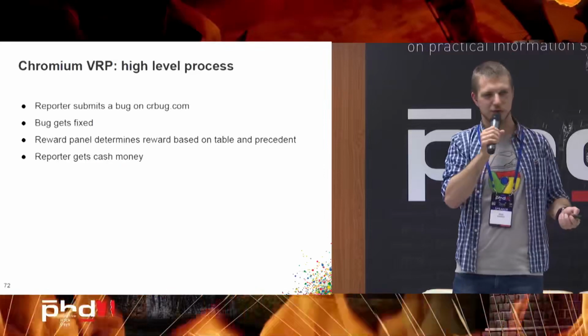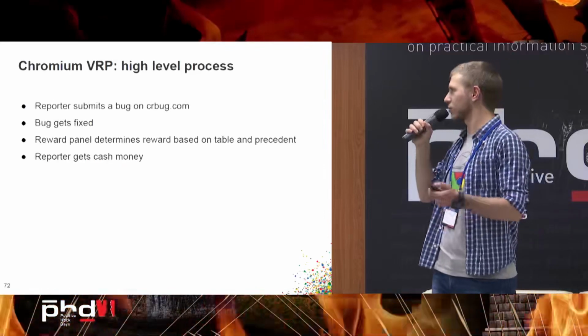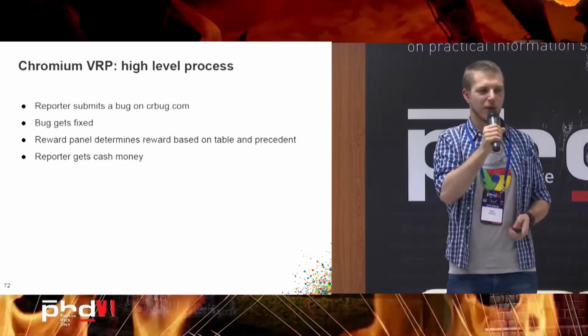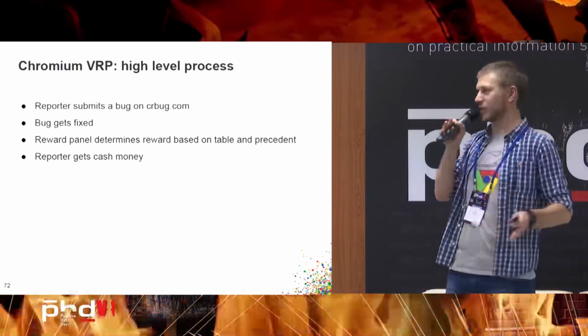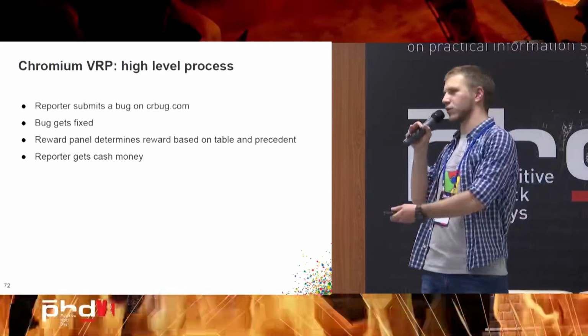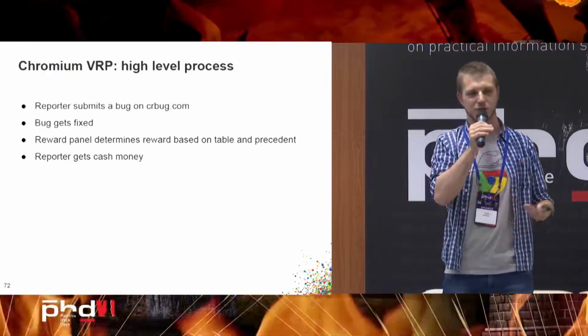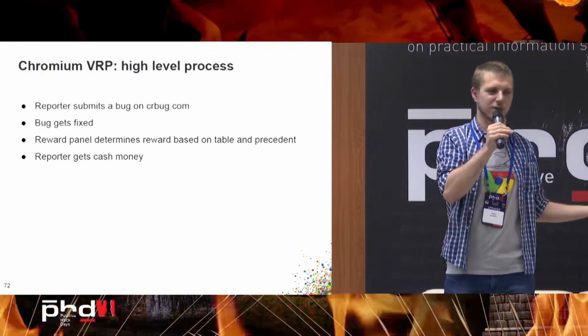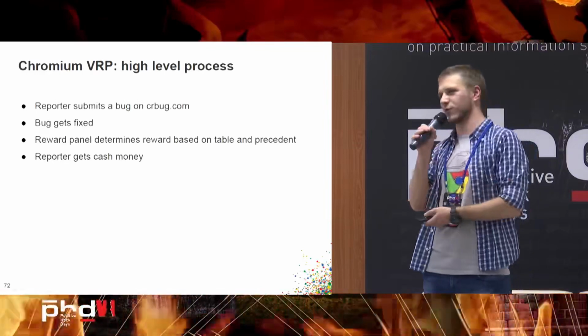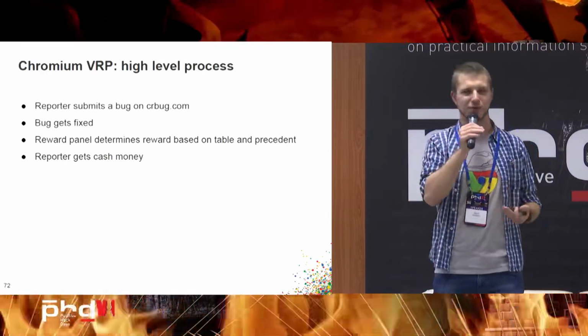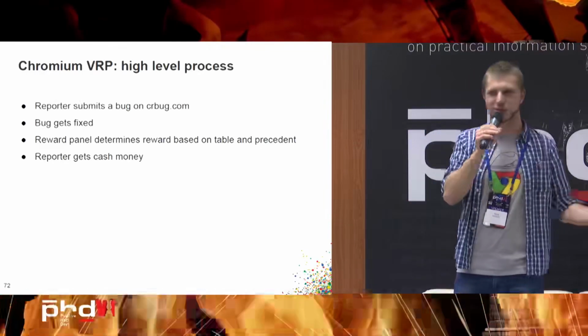Okay, our vulnerability reward program. I think you know it. There are lots of bug bounties now. So if you found a bug that you believe is a vulnerability, you submit it to the forum, the security sheriff will check it.